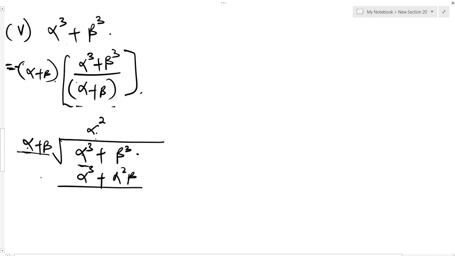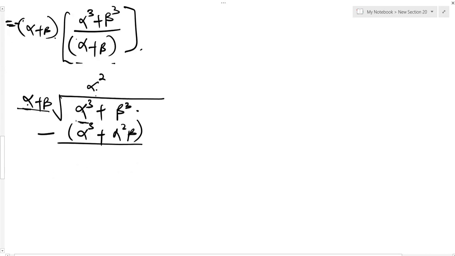Now if we subtract this, that is the method of division. This alpha cube minus alpha cube will cancel out. Then we will be left with minus alpha square beta plus beta cube.